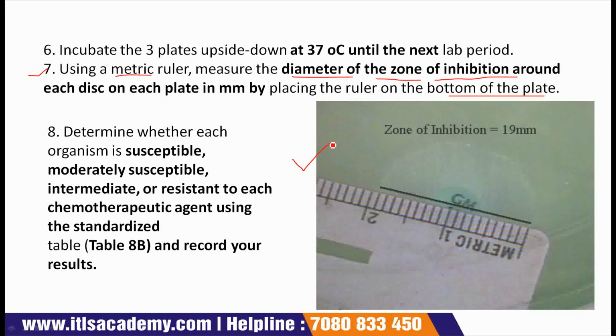You can see this diagram is showing the measurement of zone of inhibition. You have to put your metric ruler like this, and around each disc of the plate you have to measure the zone of inhibition.